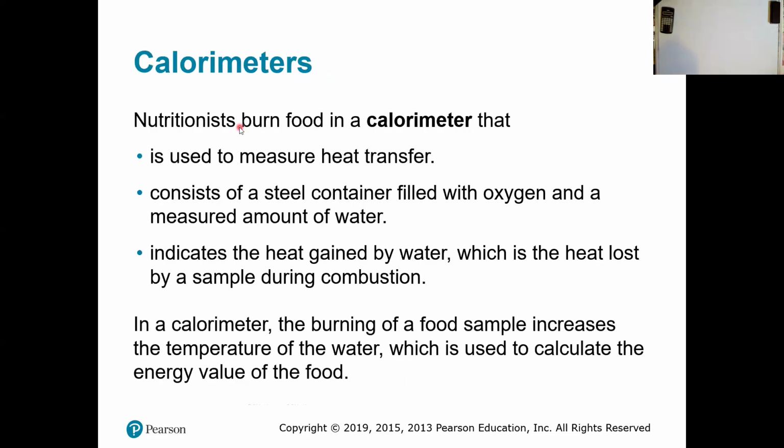When you're looking at nutrition labels, you get the calorie information from them. The way that information is obtained is through something called the calorimeter, which we'll actually see during lab at some point. Calorimeters are little devices that we can use to measure heat transfer, so how much heat was transferred from an object when it's burned into water. You'll have a calorimeter that has a measured amount of water in there, and you'll keep track of the temperature of the water during the combustion process.